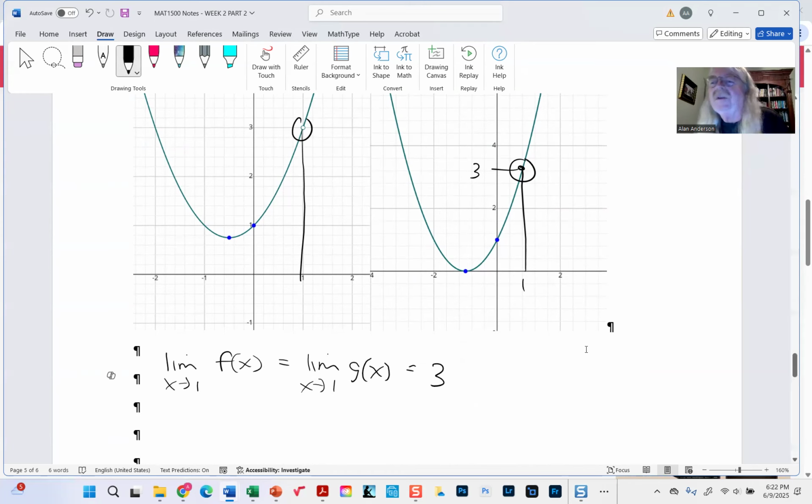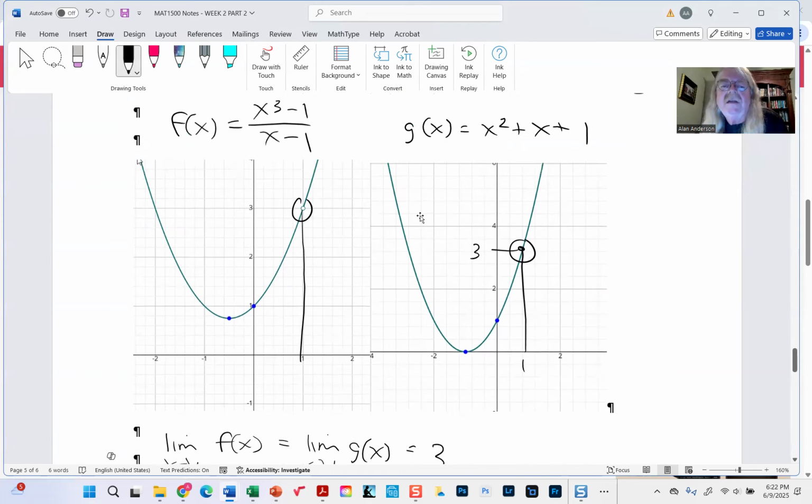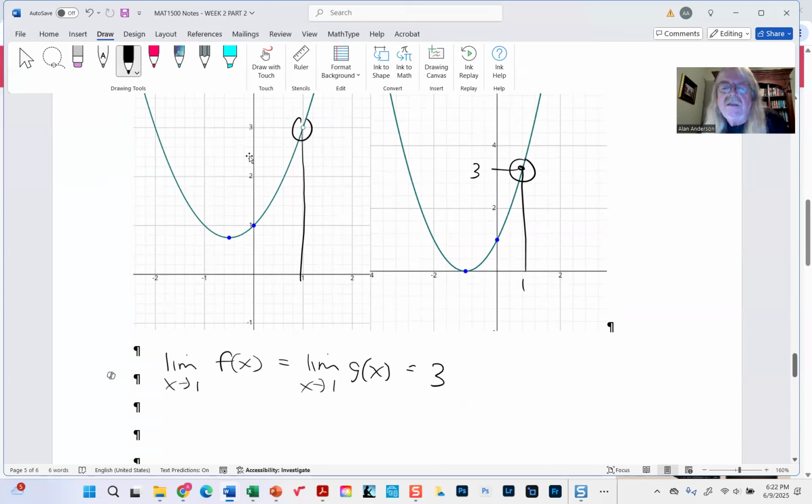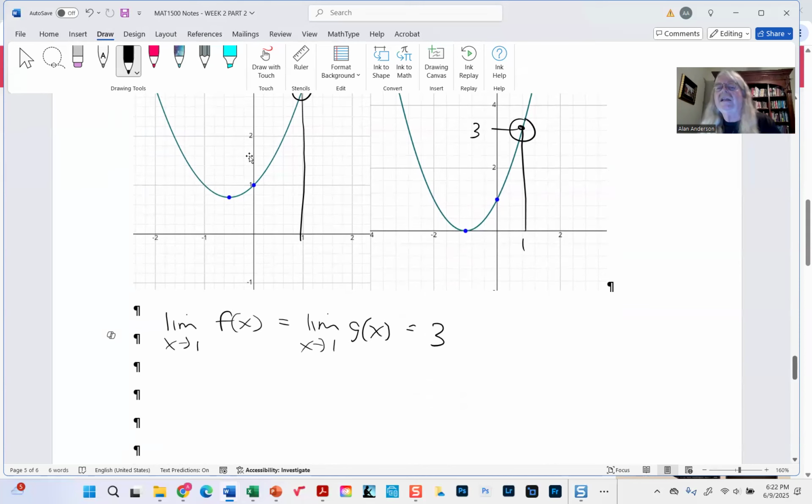All right, that's what all of that was about. So you might look at it and say, well, there's a discontinuity there. Fine. It doesn't matter because this function on the right is the same function except for that 1 point. And in this function, g of x, the limit is 3, which means the limit of f of x at that same point must also be 3. Okay, so that's what they're getting at here.